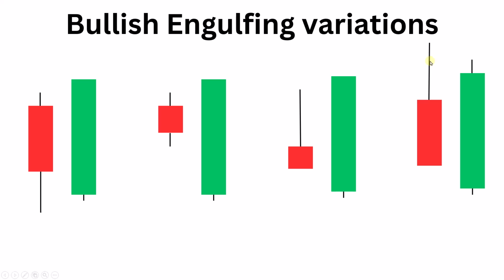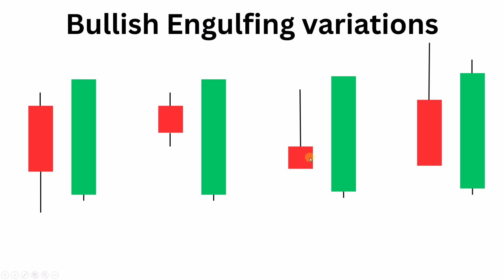Even then this is considered as bullish engulfing, because in all the patterns what matters is the body of the candles. The body of the green candle must cover the body of the red candle, which is happening in all four cases, and so all four are bullish engulfing patterns.